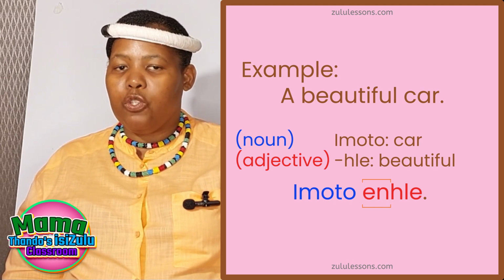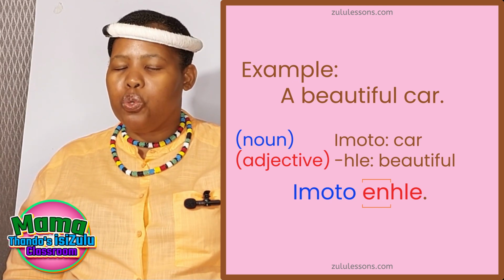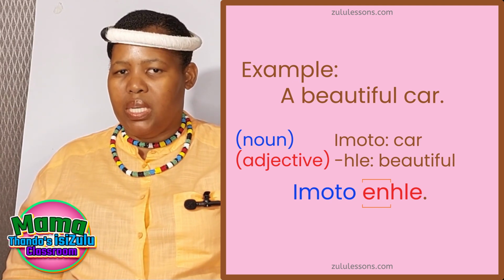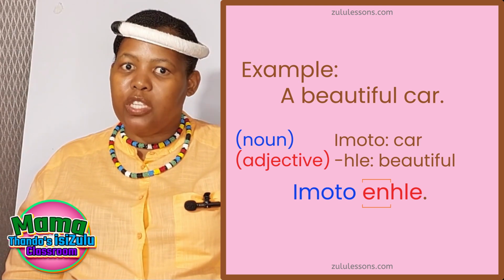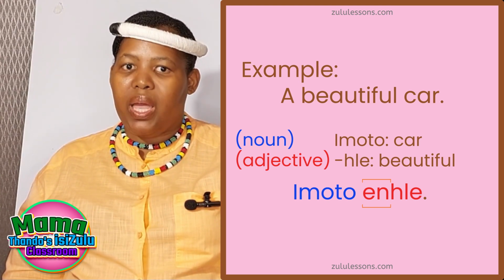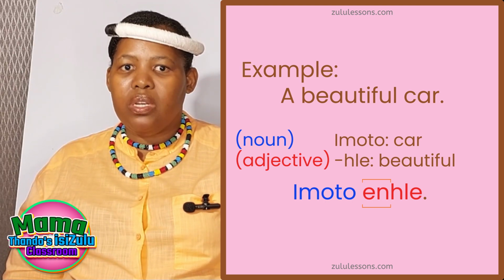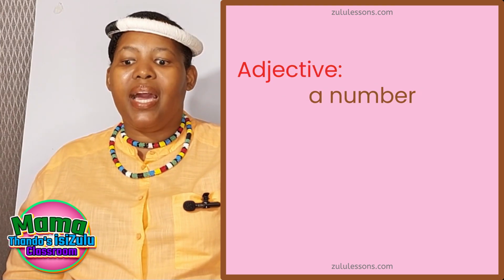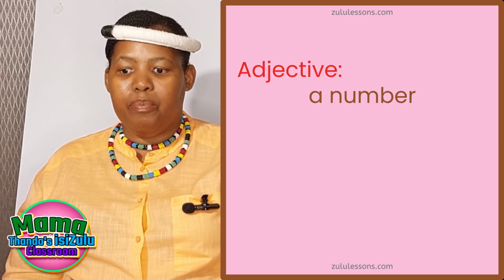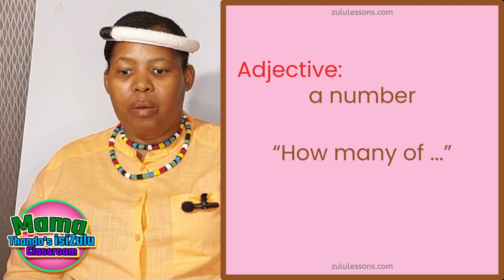Looking at the second word, the adjective, it has 2 letters before it here. Those 2 letters are the prefix of the adjective, and they change depending on the noun that we are talking about. In this case, the adjective will be the number, because we are describing the noun by the number.